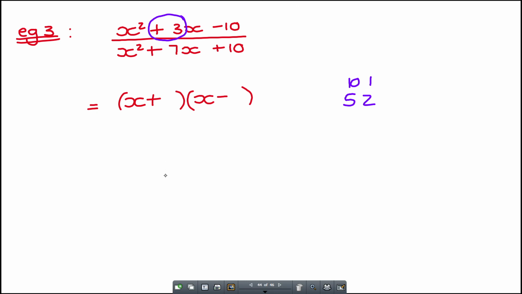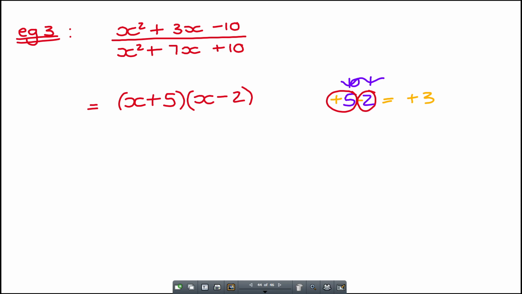How would I be able to use the 10 and the 1? Not a chance. The 5 and the 2? Yes, by saying plus 5 minus 2. That will give me a positive 3. And that's how I knew that it would be x plus 5 and x minus 2. Does that make sense, more or less?